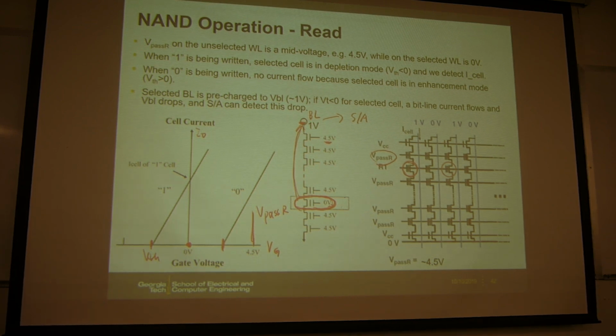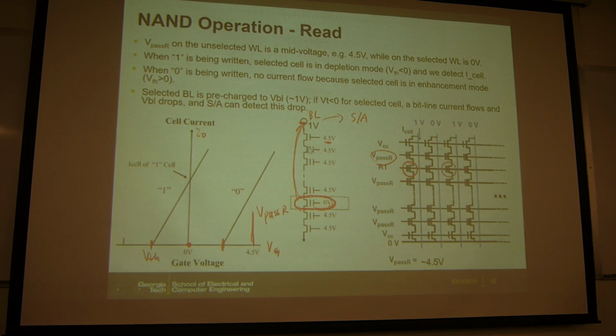This is unlike the NOR flash, where the floating gate transistor is directly connected, with the source and the drain directly connected to the bit line or the source line. In this one, you need to go through all other transistors in series. That's why it's very slow. And it's an n-squared dependency, right? Yes, so it's very slow.